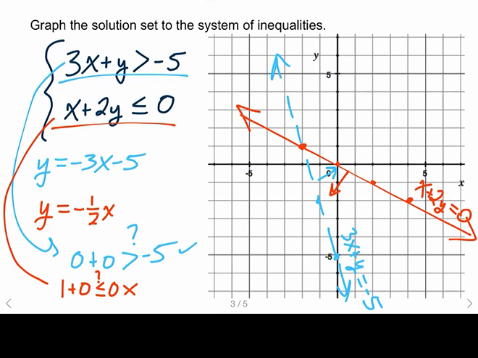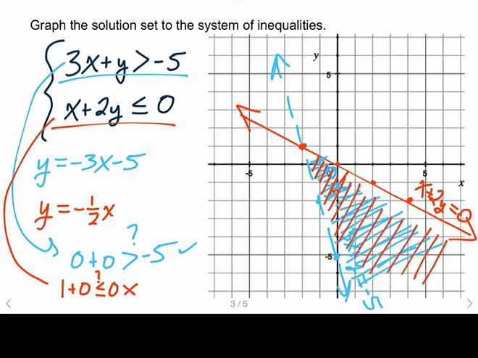What we're looking at for the blue line are the points that are above it. Above is difficult for me to figure out sometimes with these. For the red line, it's the points that are below it. And so what we're looking at is the points where the shadings overlap.